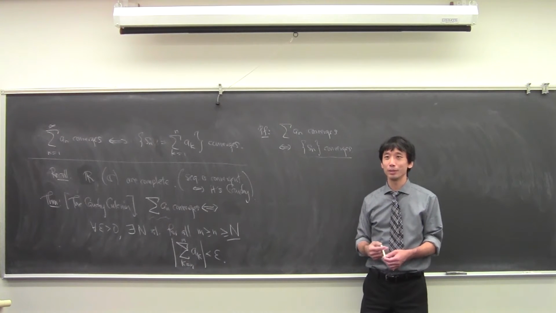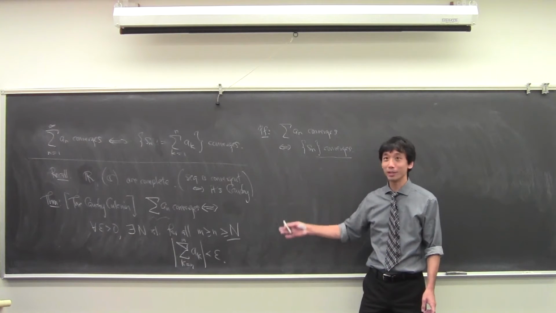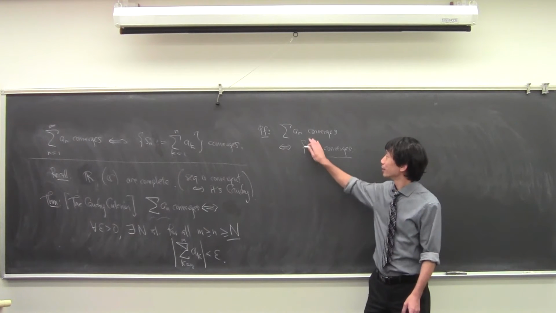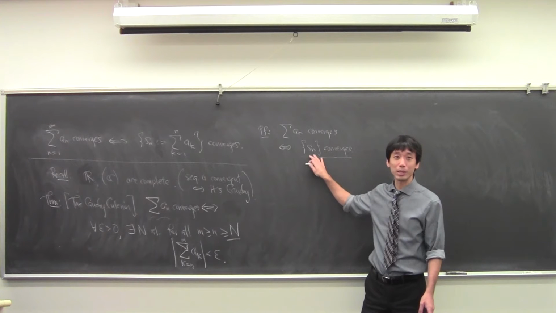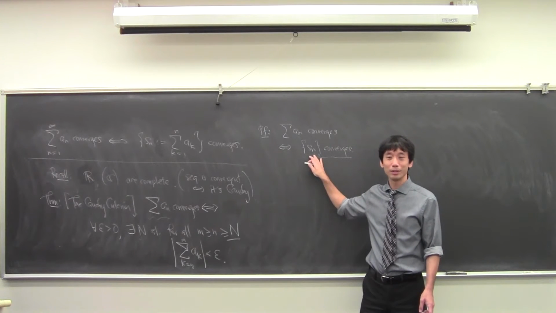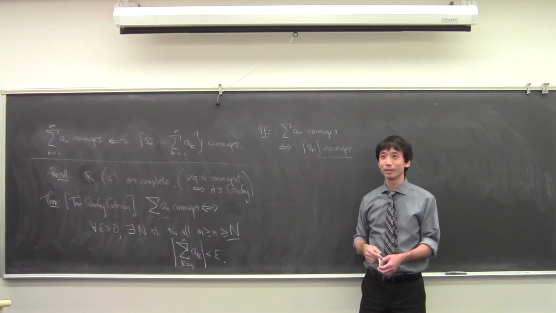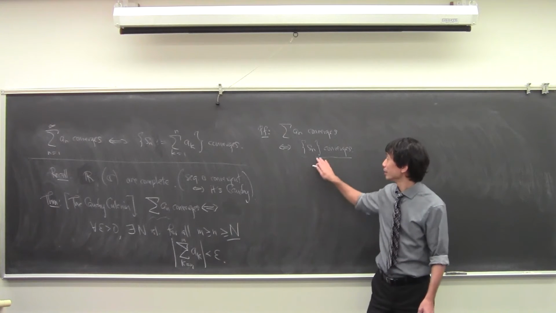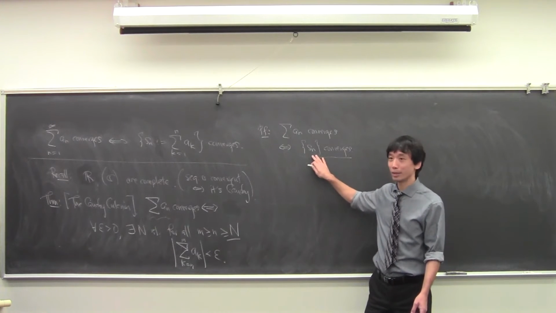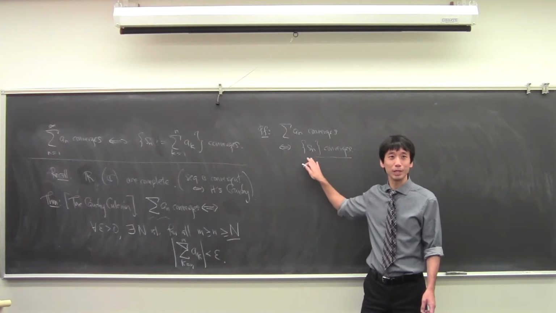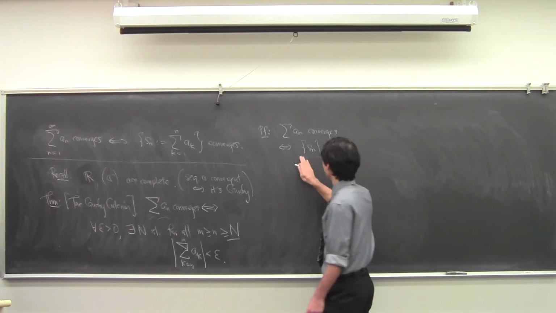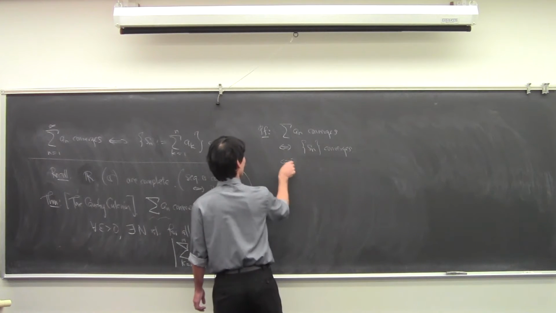Who would like to explain the Cauchy criterion? This thing converges if and only if the sequence of partial sums converges. Well, the sequence of partial sums converges if and only if it's Cauchy, right?